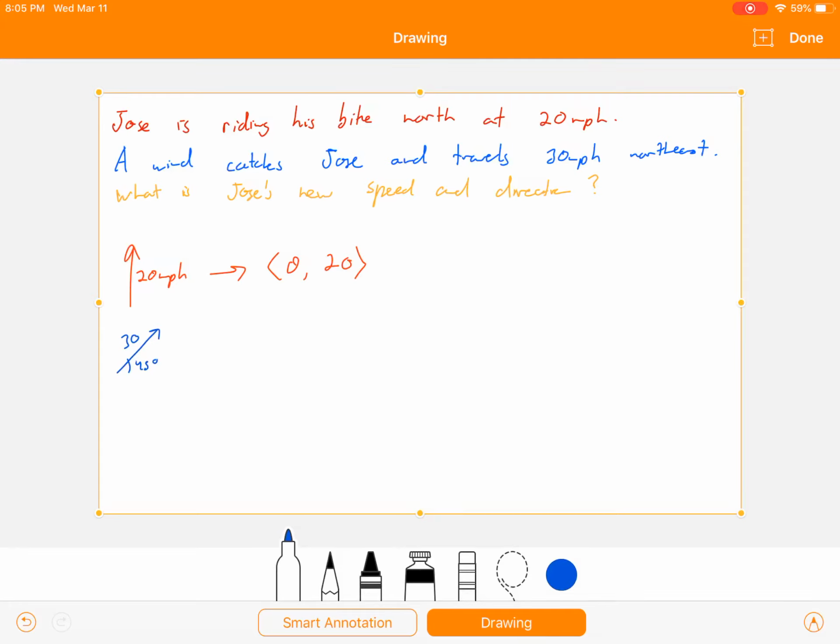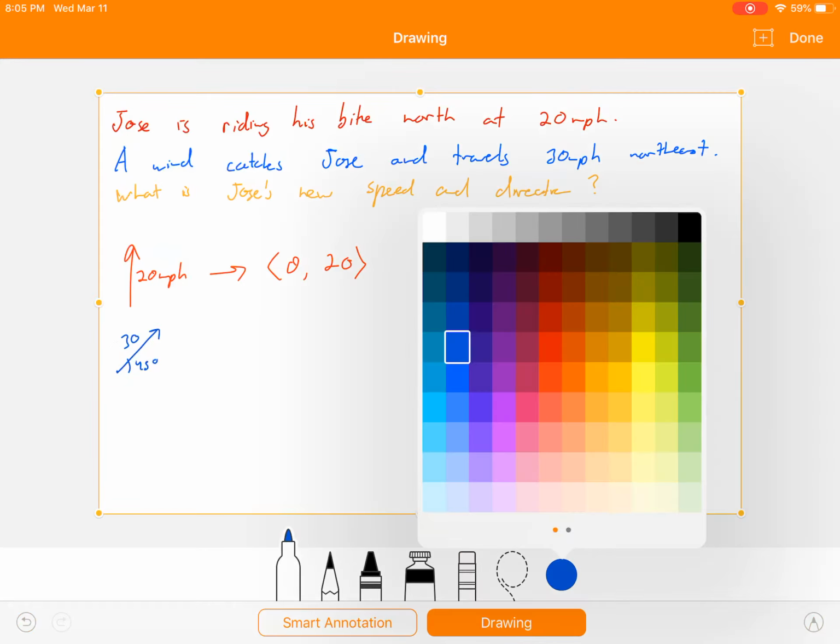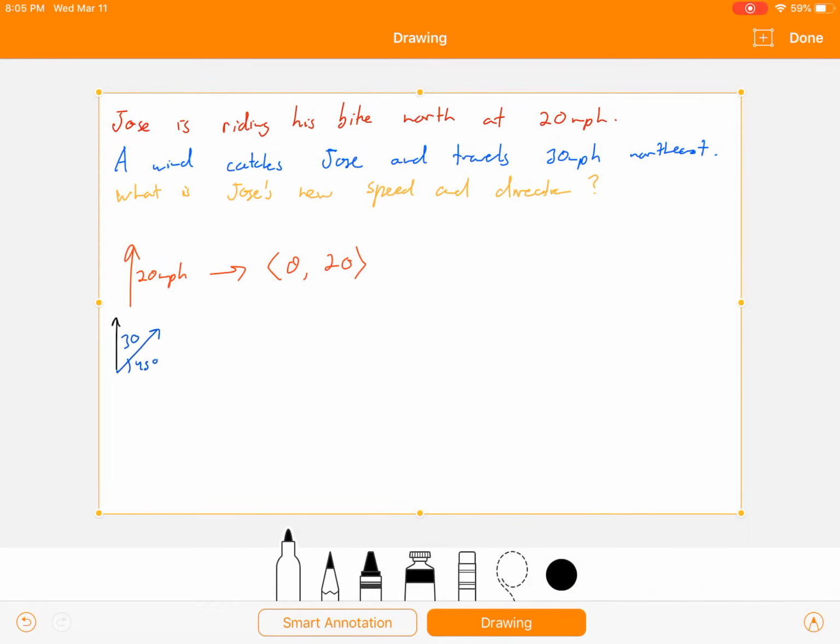Because if this is north and this is east, northeast is going to cut that 90-degree angle in half.